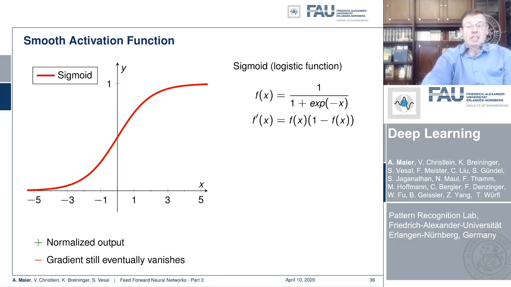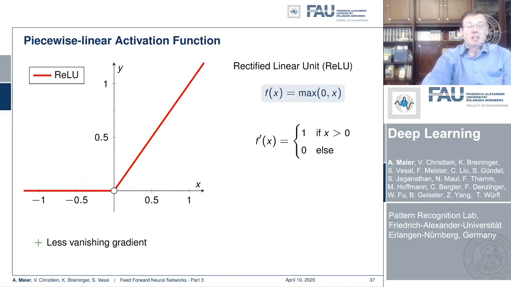So what did people do to beat that? Well, they introduced the so-called piecewise linear activation function, the rectified linear unit, ReLU, which is the maximum of 0 and x. So everything that is below 0 is clipped to 0, and everything else is just kept. Now this is nice because we can compute this very efficiently.